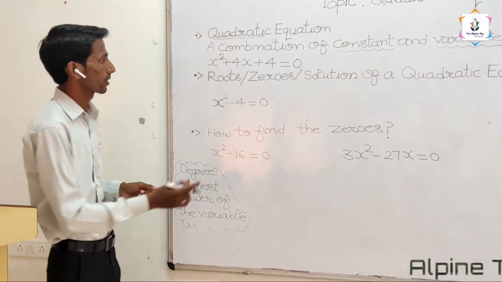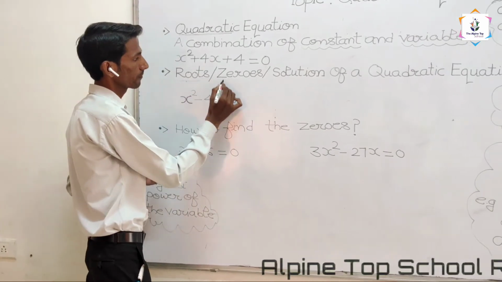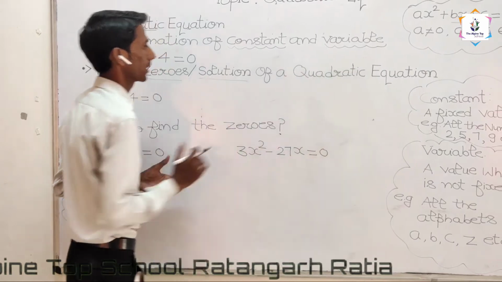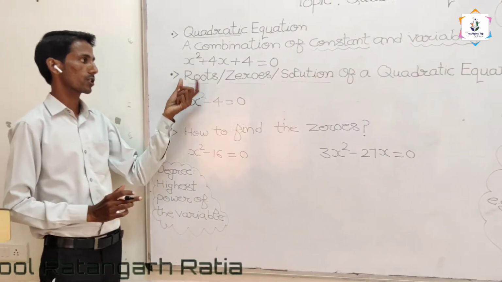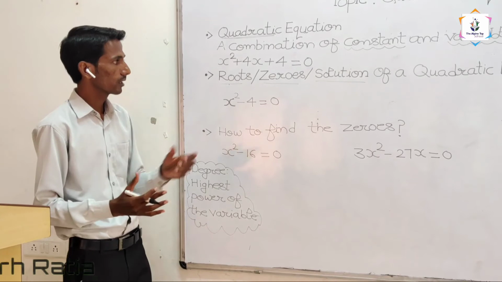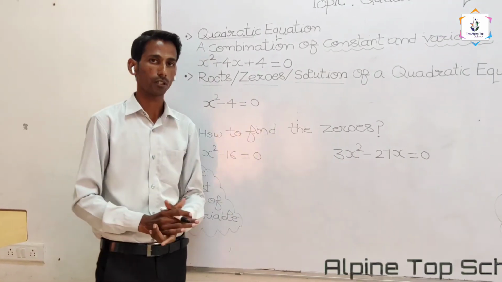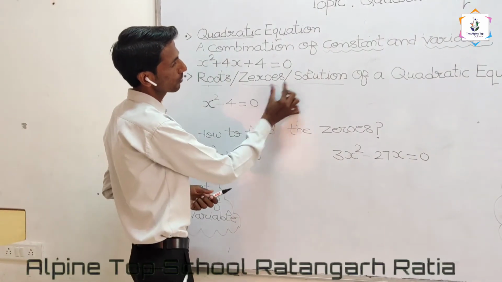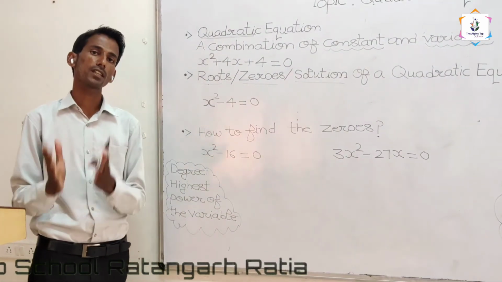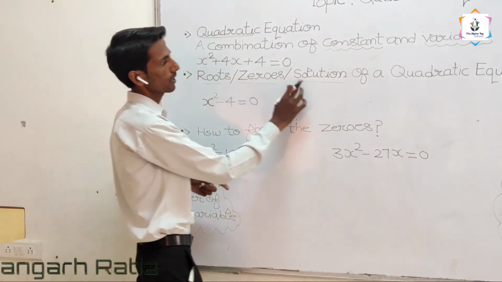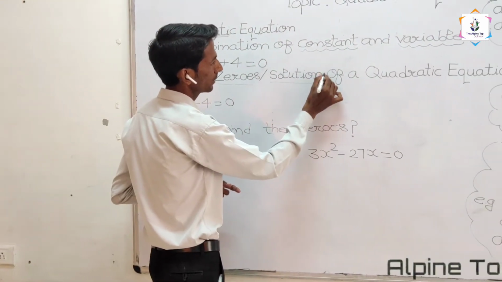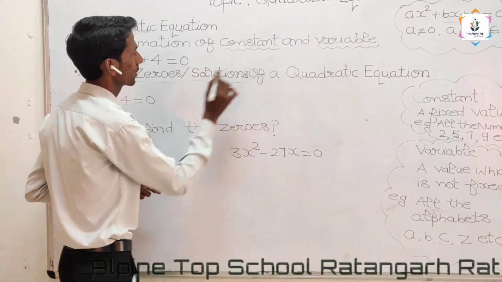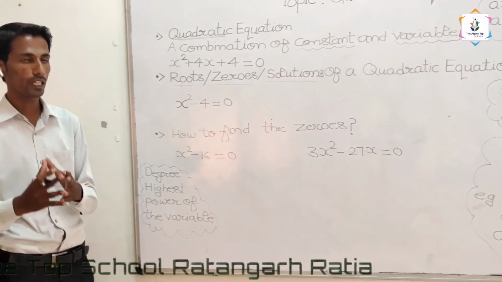Now what is the second question, what is the meaning of roots, zeros and solution of a quadratic equation? किसी भी क्वाड्रेटिक इक्वेशन के रूट्स क्या होते हैं, जीरोस क्या होते हैं, सॉल्यूशन क्या होते हैं. स्टूडेंट्स मैं आपको यहाँ पर बताना चाहूंगा, roots, zeros and solution having the same meaning here.